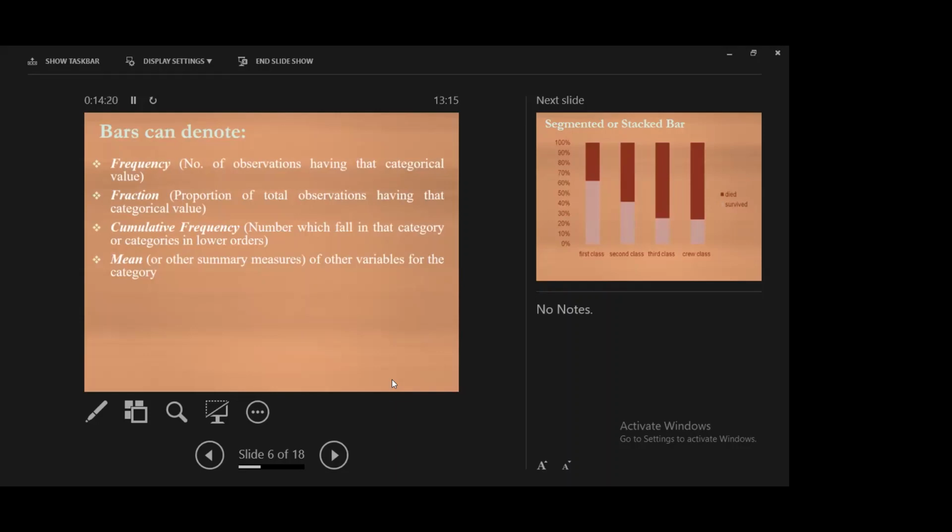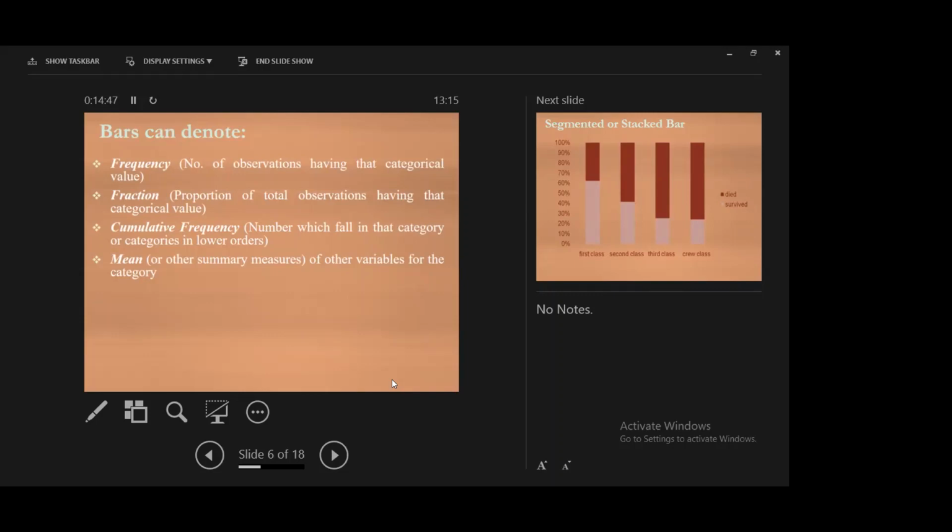That's the first one. The second is when we want to see the fraction. You all know what a fraction is: the proportion of total observations having that particular category. Out of the total, how much proportion that particular category has. That can also be drawn using a bar diagram. Then the third one is cumulative frequencies.